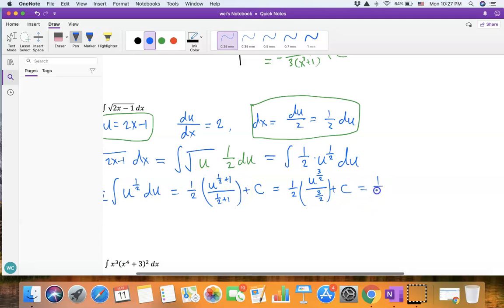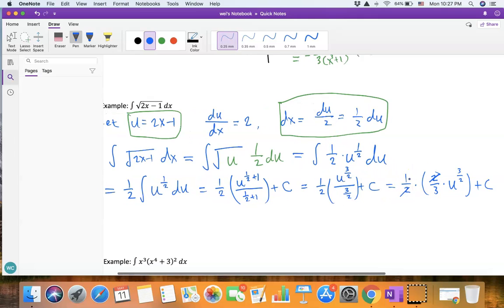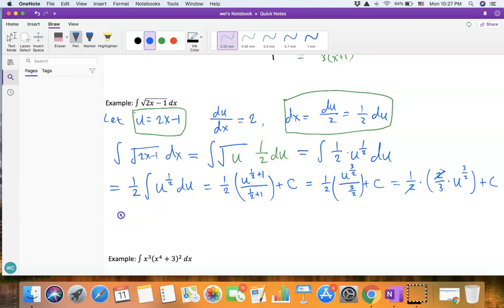And u to the power of 3 over 2 divided by 3 over 2, we can write as 2/3 times u to the power of 3 over 2. So these two cancel out. So we have 1 over 3 times u to the power of 3 over 2 plus c.